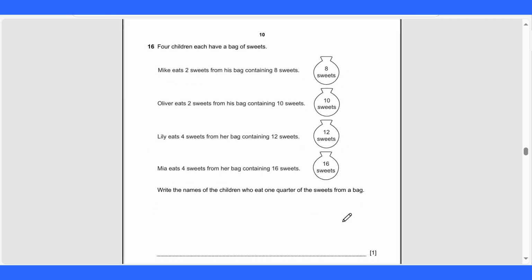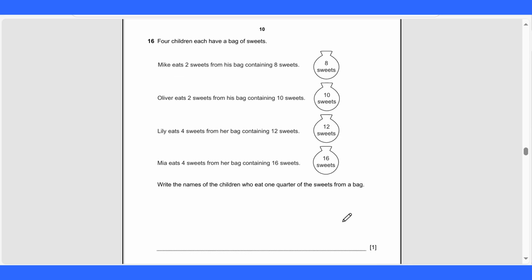So write the name of children here. You have to write here. Who eat 1/4 of the sweets from a bag. Okay, let's check out the answer, guys. So we see 2/8. 2/8 simplifies into 1/4. So this is correct, Mike.